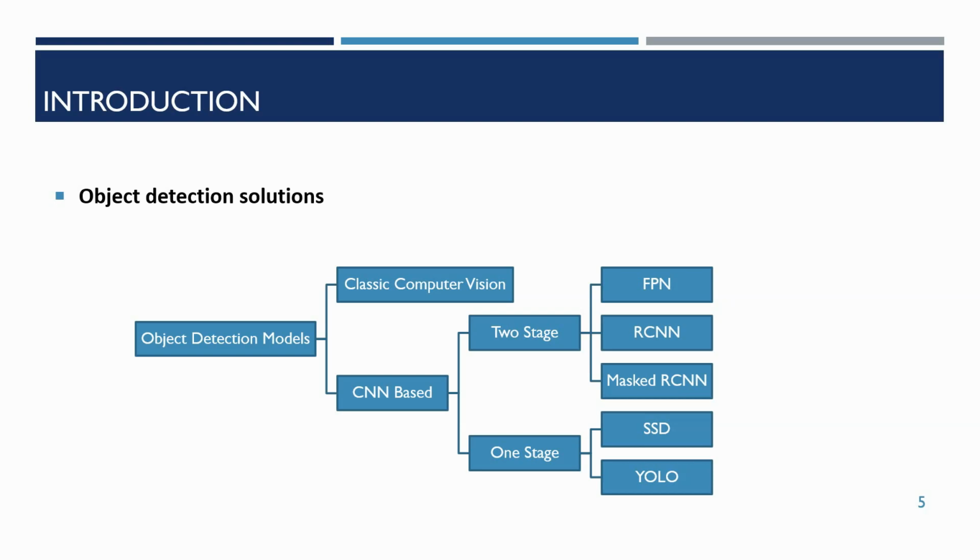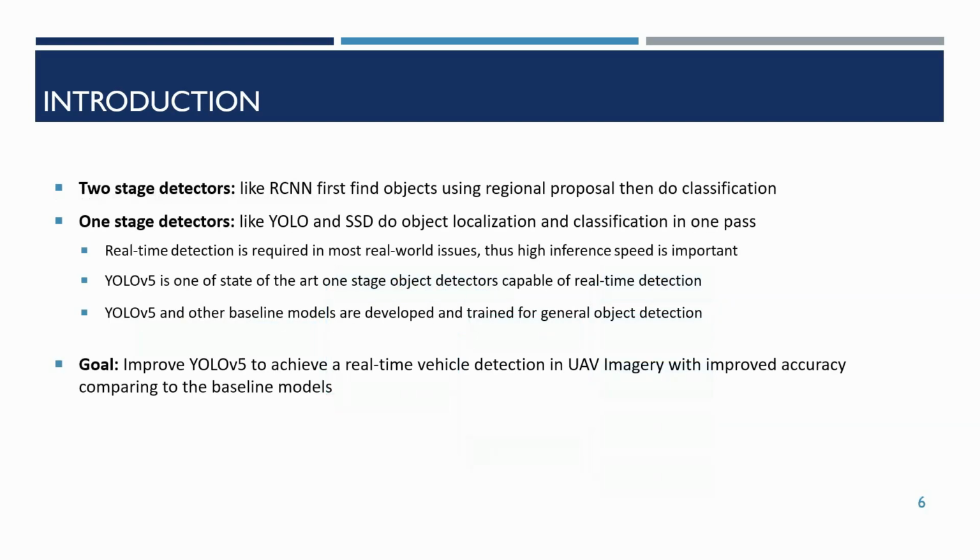CNN-based models are divided into two groups: two-stage methods like feature pyramid networks, regional CNNs, masked regional CNNs, and one-stage detectors such as single-shot multi-box detectors and you only look once.